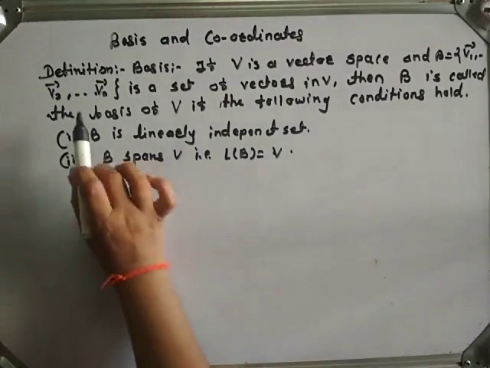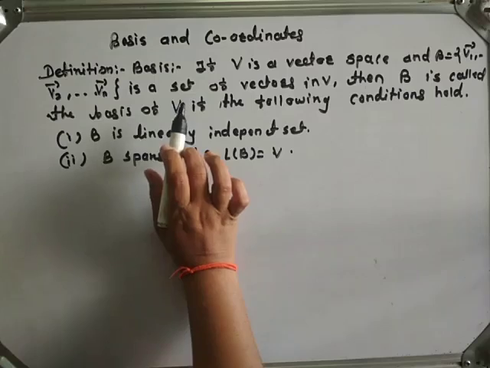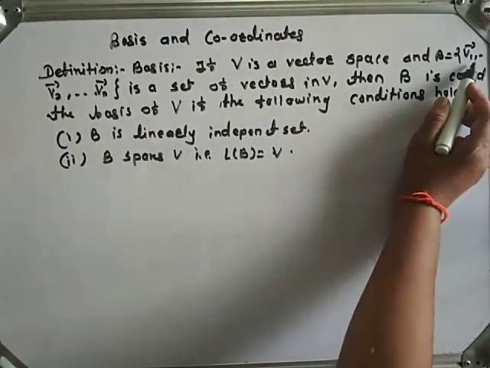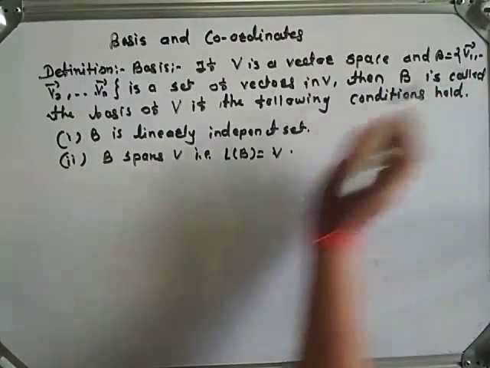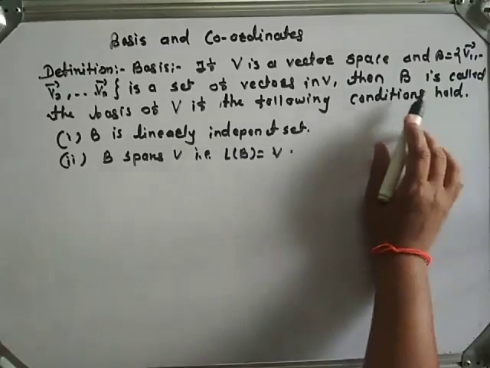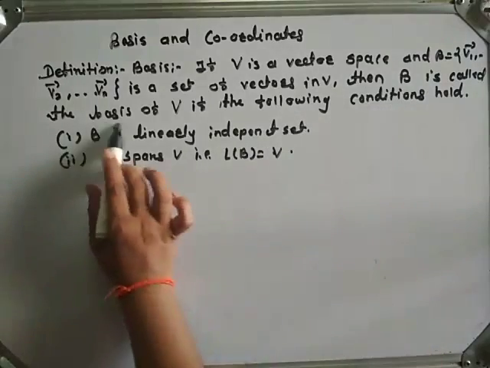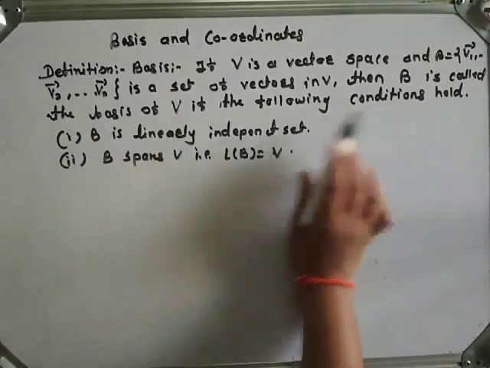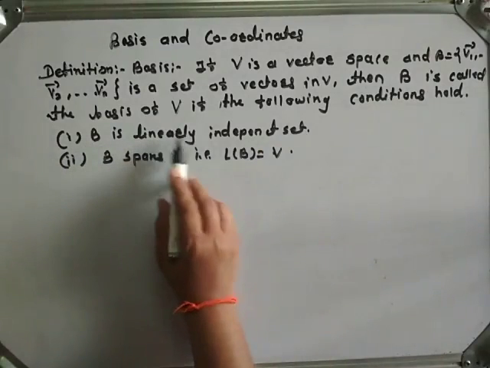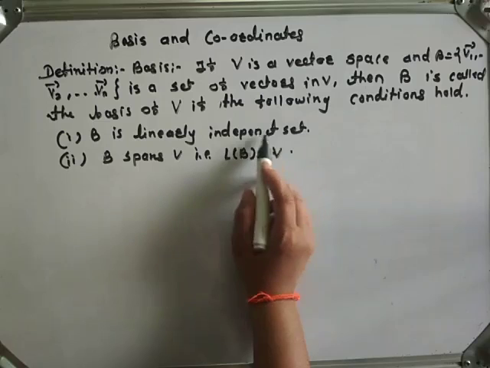See here students, what is the definition of basis? V is a vector space and B = {v1 bar and so on up to vn bar} is a set of vectors in V. Then B is called a basis for V if these two conditions hold. First, B is a linearly independent set.